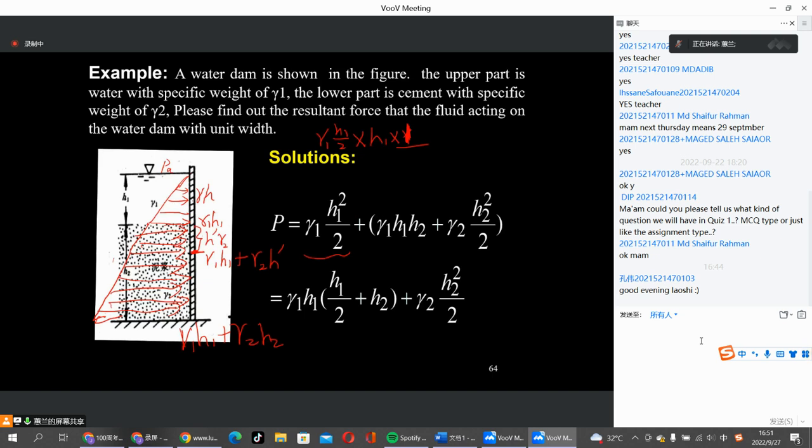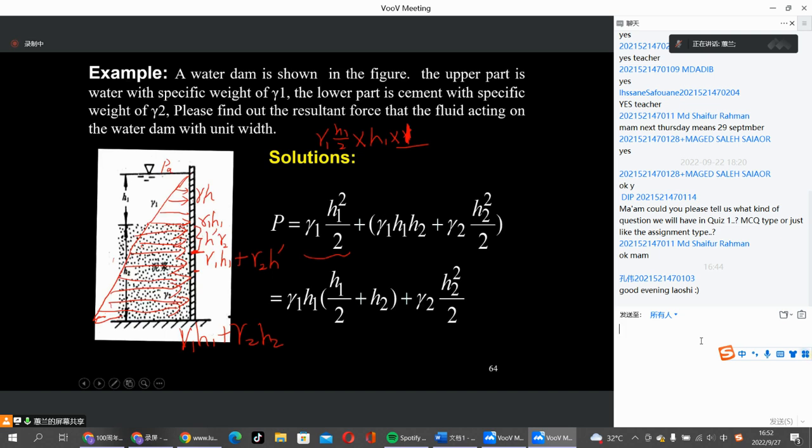We should be careful, because we also have a different fluid. We have cement here. So for the pressure force due to the cement, you can still use the formula: the pressure force acting on the plane equals the pressure at the centroid of the plate times the area. Here you should be careful, it should be the same fluid, because we have two different fluids.